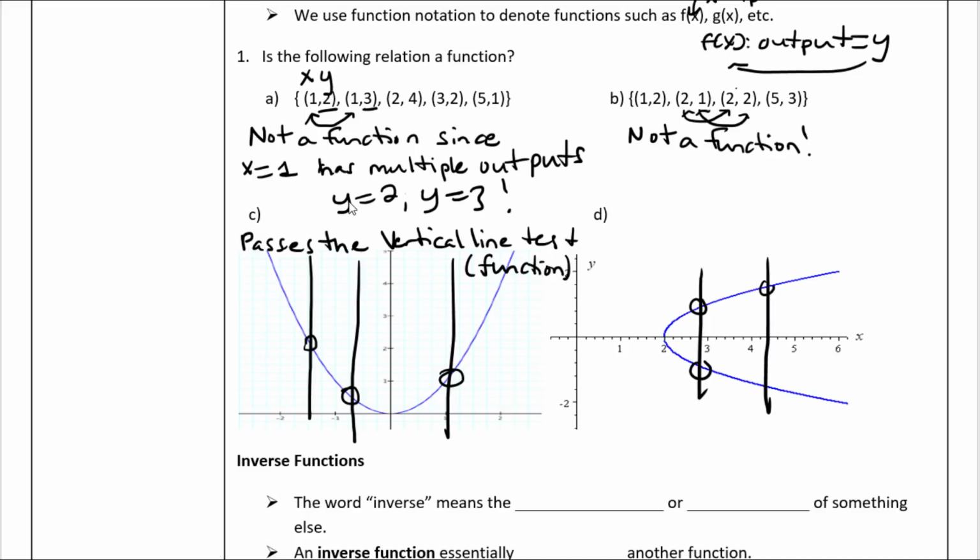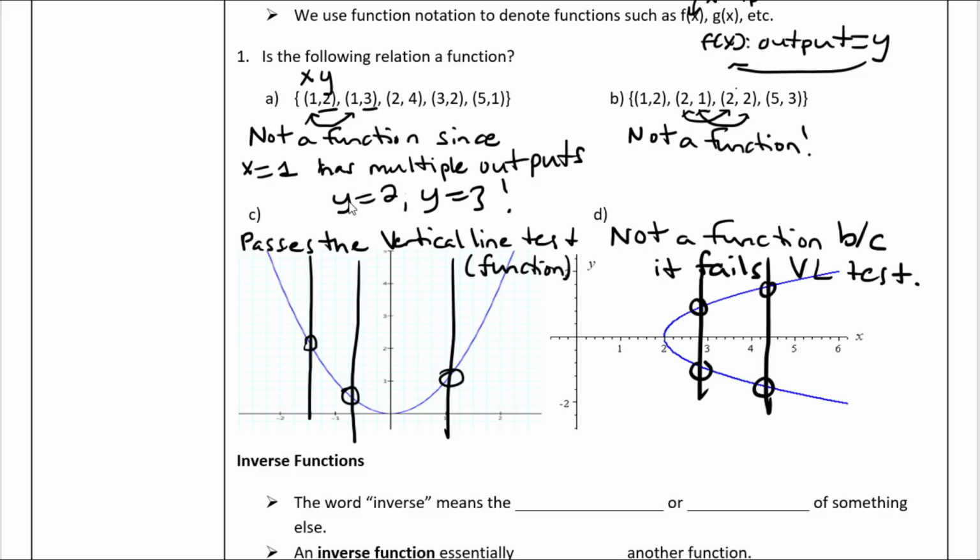It crosses it at 2 points, to be exact. So it does not pass the vertical line test. So it's not a function because it fails the vertical line test. All right, so that's the vertical line test, and that's how to determine if something is a function.